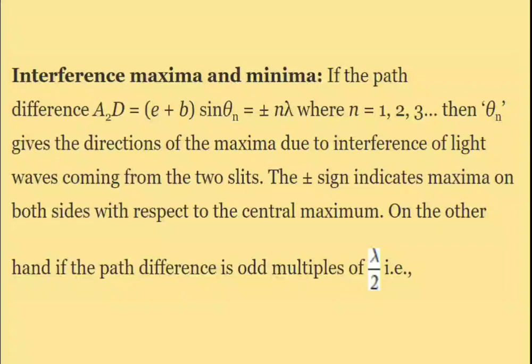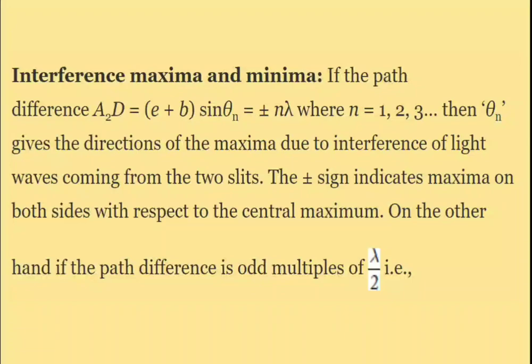If the path difference A2D is equal to (e plus d) sin theta is equal to plus or minus n lambda, where the n value varies as 1, 2 and so on, then theta n gives the direction of maximum intensity in the interference case, whereas the plus or minus sign indicates the maxima on both sides with respect to the central maxima.